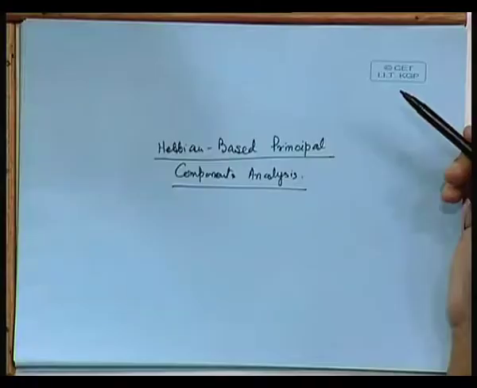So, a single neuron can basically compute the principal component analysis of the first component. And first component means that if we are arranging the eigenvalues in decreasing order, then the highest eigenvalue we call lambda 1, and the corresponding eigenvector we call the q1 vector, and it is the projection of the x vector onto the q1 vector which we refer to as the first principal component.